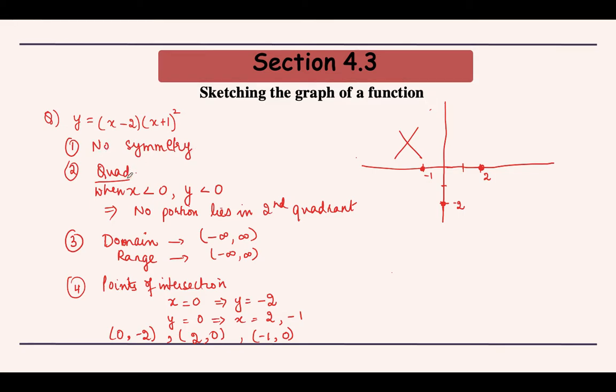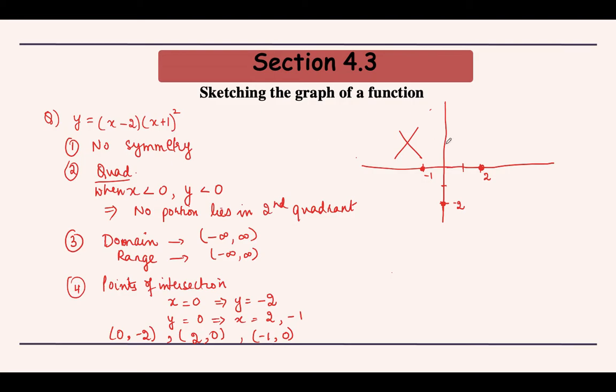Next, the quadrant part. In this you can notice that this part is always positive. So let us see if there is some value of y or some quadrant which can be eliminated. Whenever your x is negative, when your x takes values smaller than 0, this expression is definitely going to become negative.